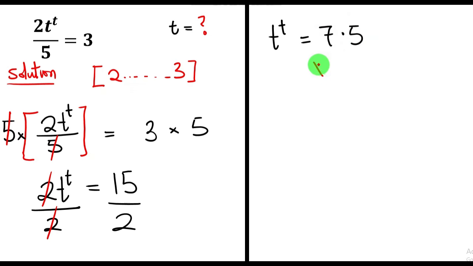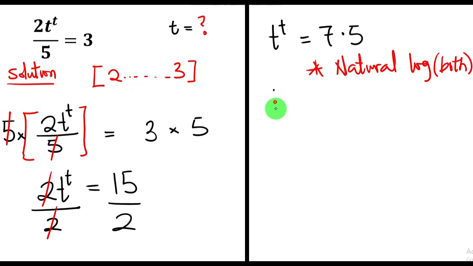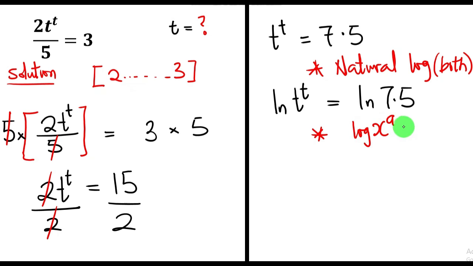At this point, I'm going to apply natural log to both sides. Therefore, I have ln of t raised to the power of t equals ln 7.5. To my left hand side, I need this rule in logarithms that says if I have log of x to the power of a, it means my a is going to come here, the same thing as a log of x.